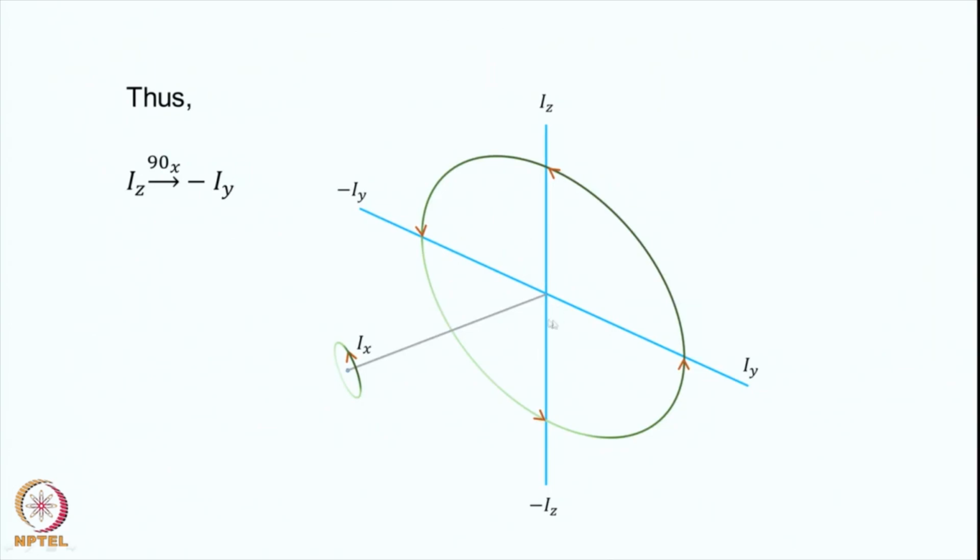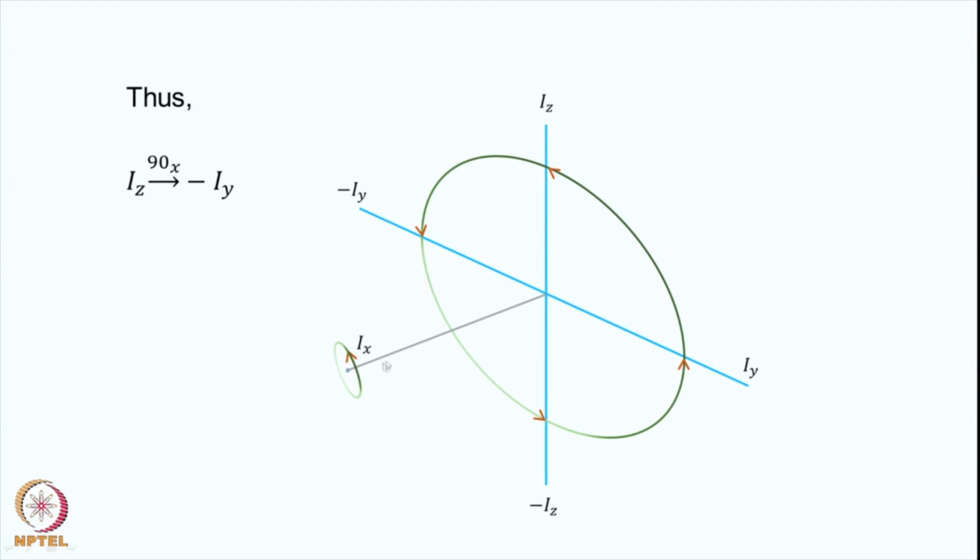So this figure is already there. If I write here rotation around x, and this is y and this is z, the rotation operator is along this Ix, and z magnetization is rotated into minus Iy.